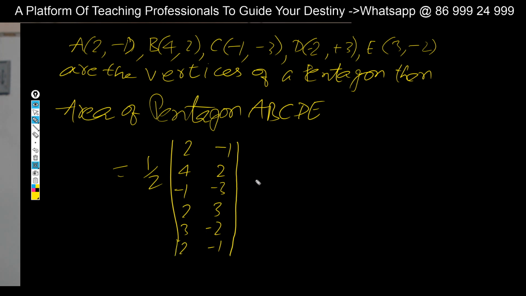Just understand that. Now, top to bottom, bottom to top, calculate like this. 4 plus 4, it is 8, and it is minus 12 plus 2, minus 10, and it is minus 3 plus 6 plus 3, and minus 4 minus 9, minus 13, and it is minus 3 plus 4, plus 1.